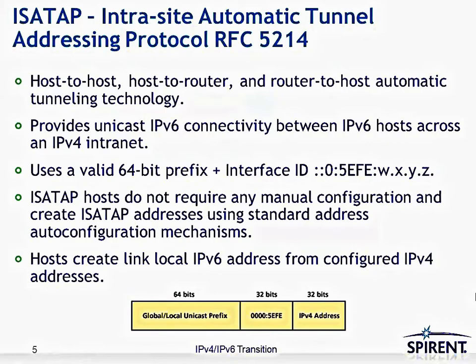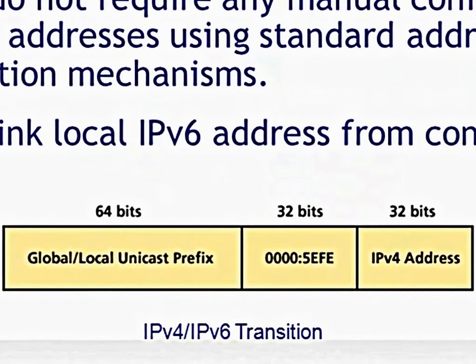Hosts create a link-local IPv6 address from a configured IPv4 address. As the graphic below depicts, the IPv4 address is actually embedded as the least significant 32 bits of the host IPv6 address. So an IPv4 address is configured on the host, and it can automatically derive an IPv6 address from that.